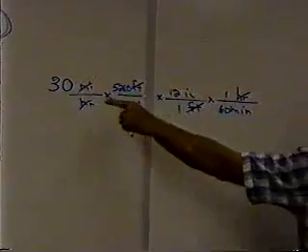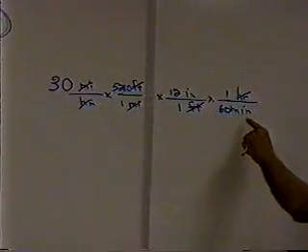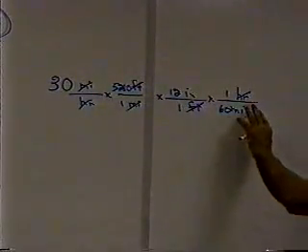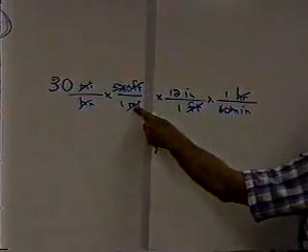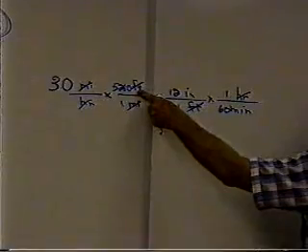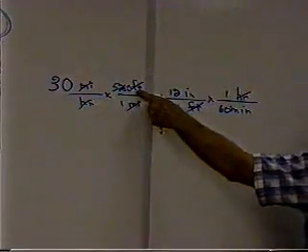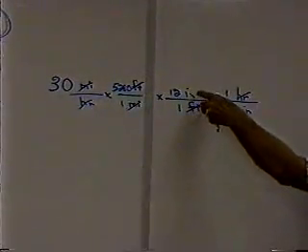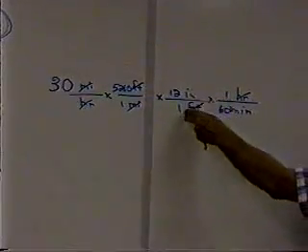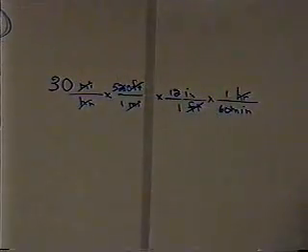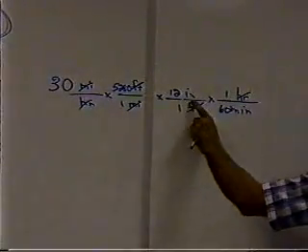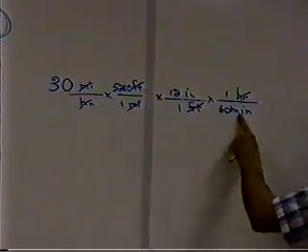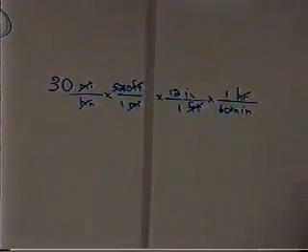When you multiply the 30 times this, divide by 60, that's how you change units. If you want to get rid of this one, you put this one on the bottom, and then put its equivalent on top. If you want to get rid of feet, you put feet on the bottom, put its equivalent on top. 1 foot, 12 inches. Then you divide all that out, and all the words left will be inches, and all the words left will be minutes, inches per minute. All right, now let's look back at the problem.